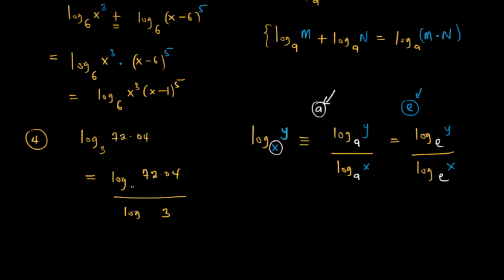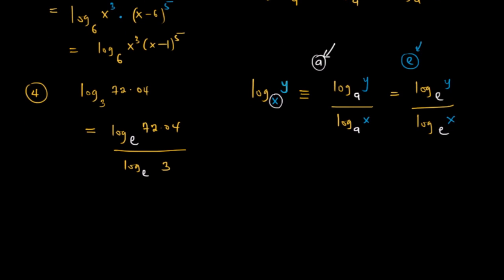We're going to write e here, and we're going to write e here. You note that this is the same thing as the natural logarithm. This is the same thing as the ln of 72.04 divided by the ln of 3.